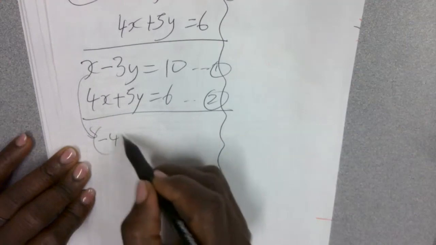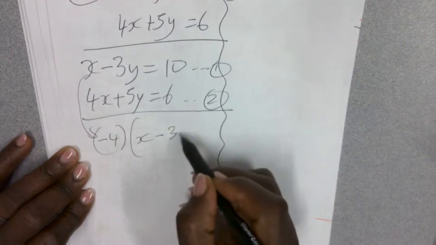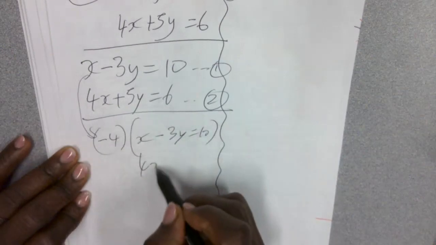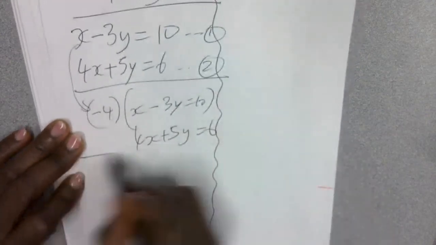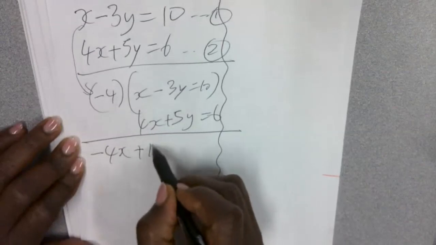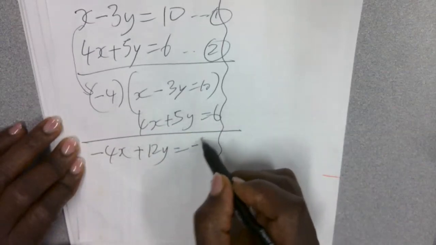So -4 multiply equation 1 and bring down equation 2. And when I do that, I have -4x plus 12y is equal to -40.